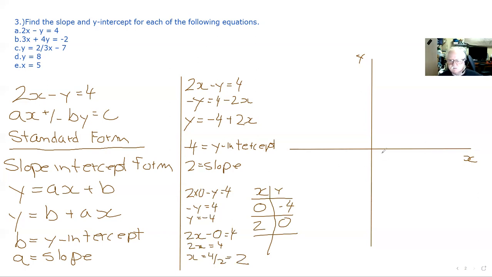When x is 0, y is negative 4. 1, 2, 3, 4. So that's 1 point on the line. And when y is 0, x is 2. So 1, 2, right on the line.